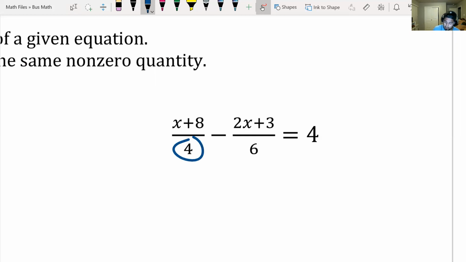The common denominator between 4 and 6 happens to be 12. So we're going to take 12 and multiply it to both sides of this equation.